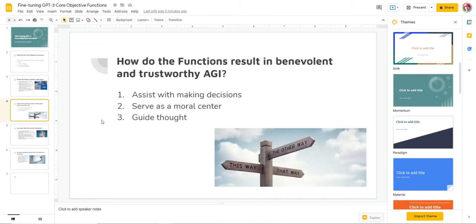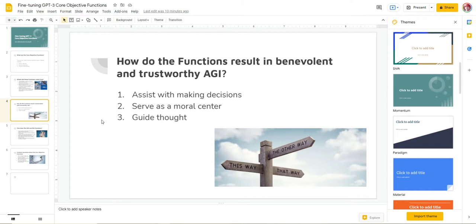Let's see. How do the functions result in benevolent and trustworthy AGI? Well, these three core objective functions are not intrinsic to the operation of machines, right? So we want our machines to understand the basic needs of all living things. And through that, the core objective functions will assist the AGI with making decisions. They'll also serve as a moral center for the AGI.